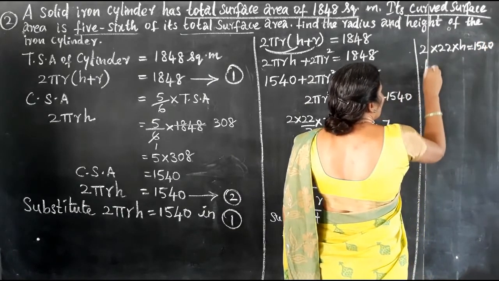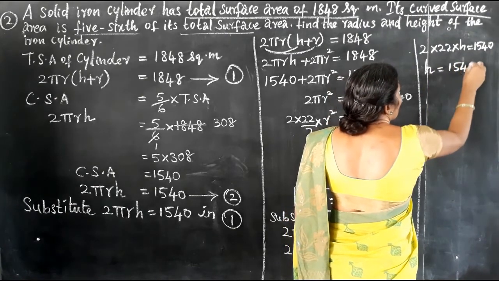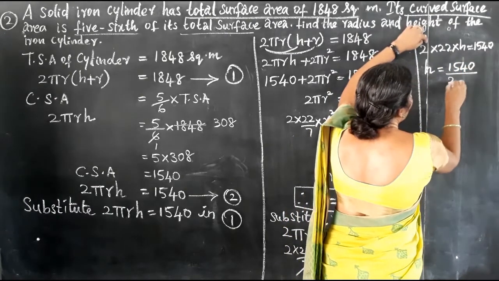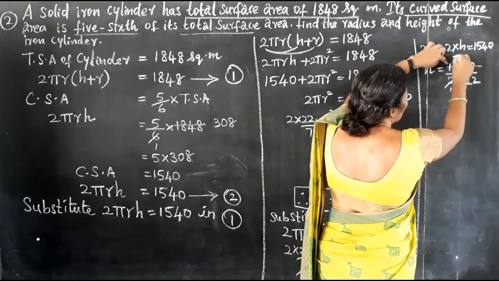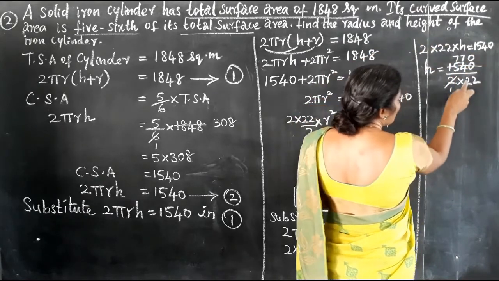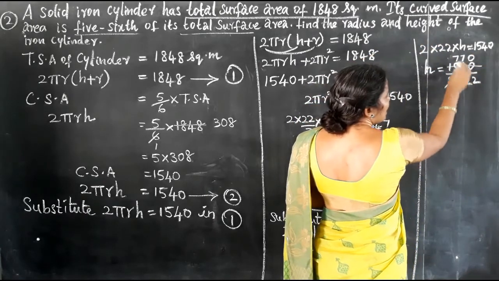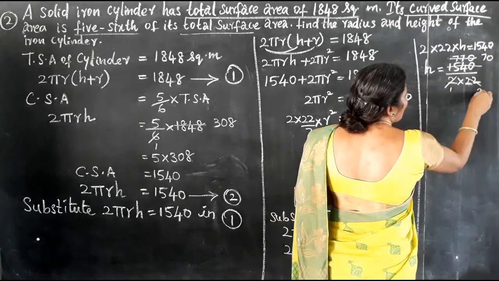Having h alone, h is equal to 1540 divided by 2 into 22. 2 ones are 2, 7s are 14, remaining 1, 2 sevens are 14, 0. So both will go in the 11 table. 11 sevens are 77, 0. 11 twos are 22.